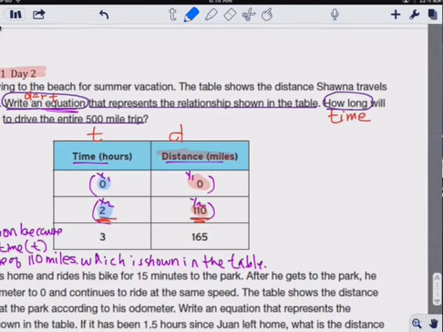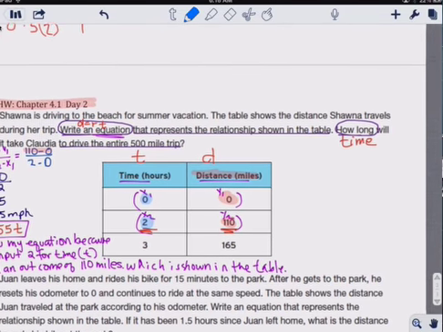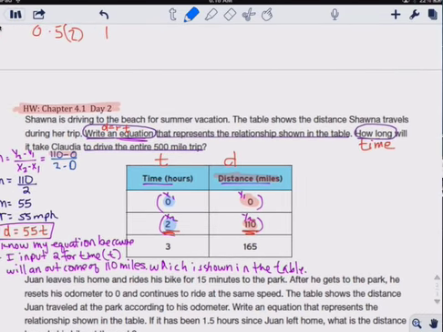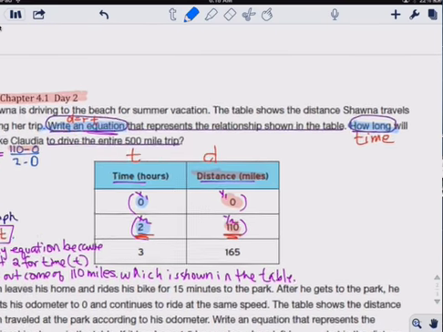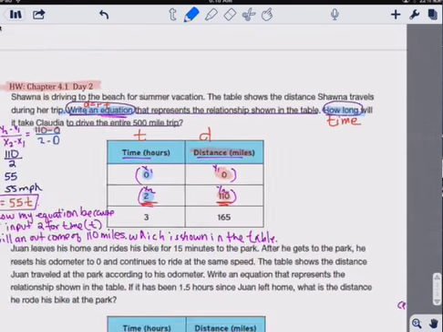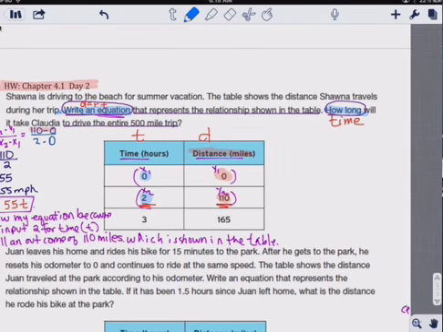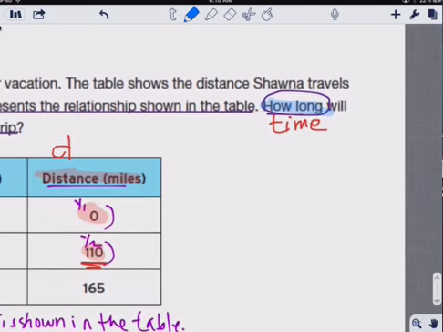Okay, so the other question is how long, because I circled 2, that's one answer. I need the other answer to the other one I circled. So always before you move on, check how many answers you need. How long will it take Claudia to drive 500 miles?